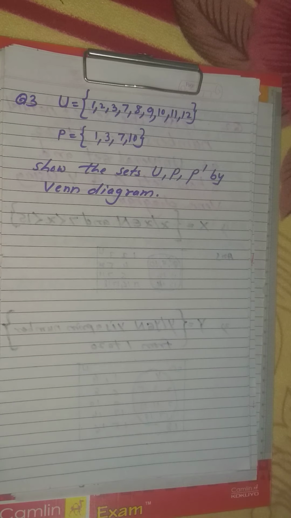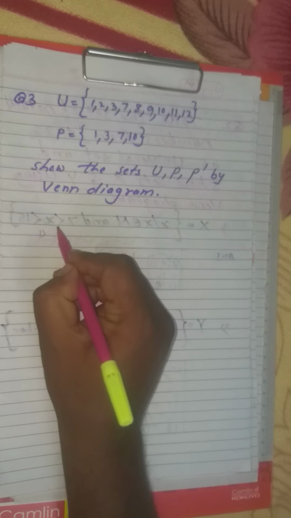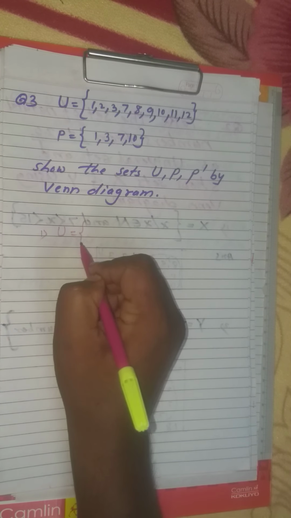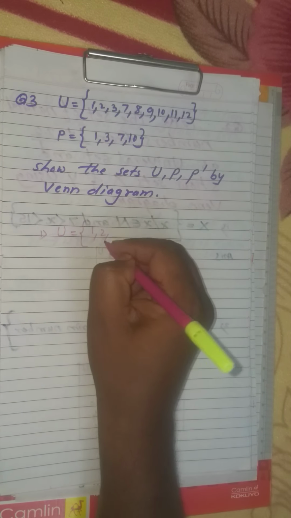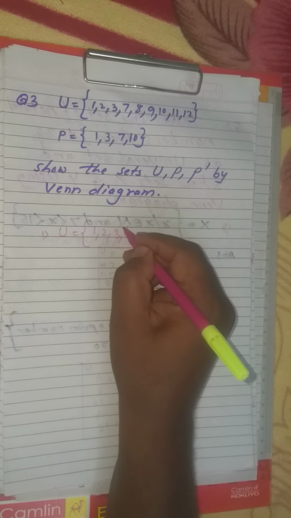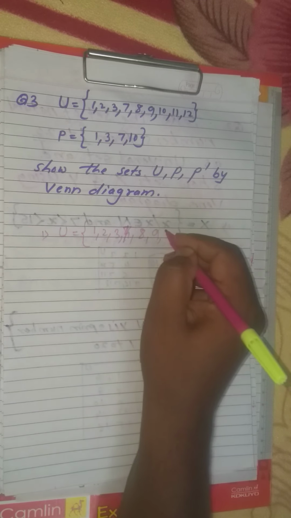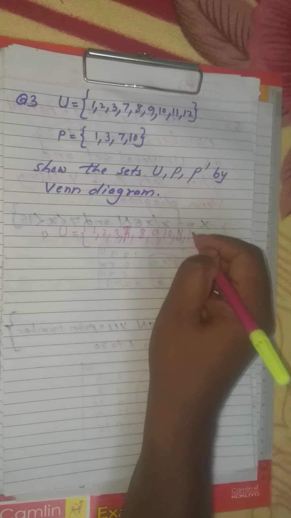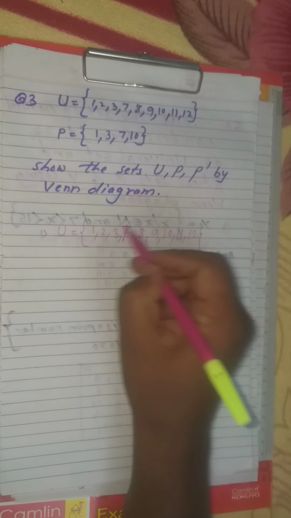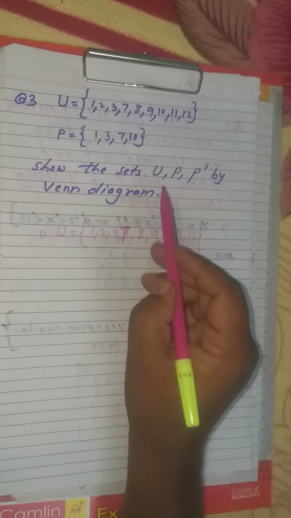First we write the universal set: {1, 2, 3, 7, 8, 9, 10, 11, 12}. This is the universal set, and all these numbers are called the elements of the universal set.